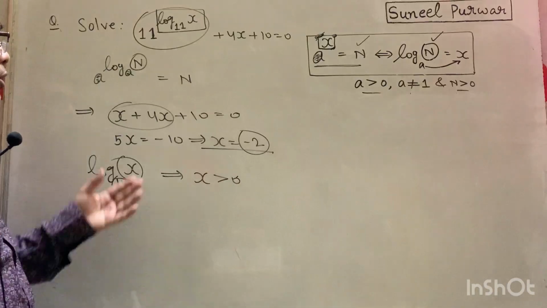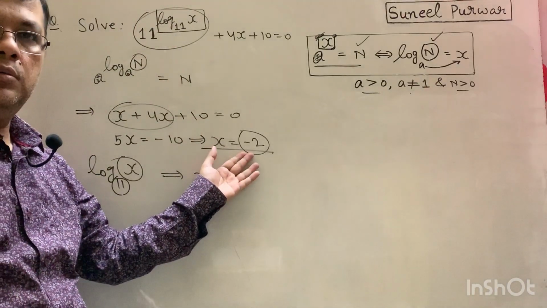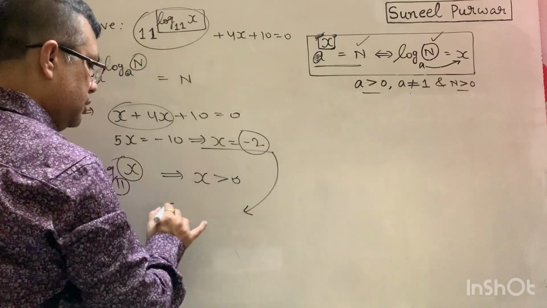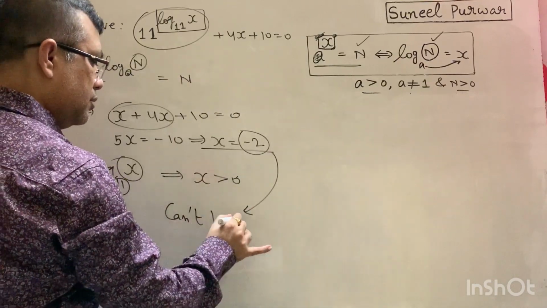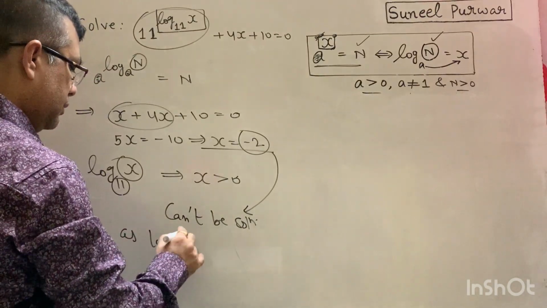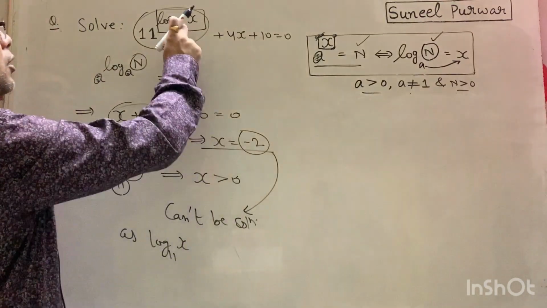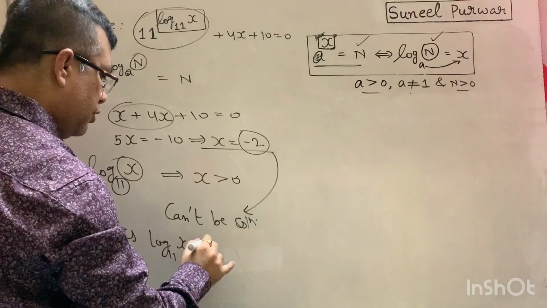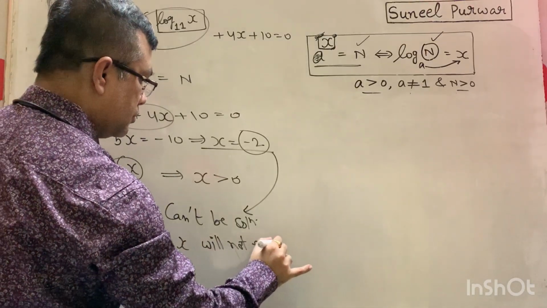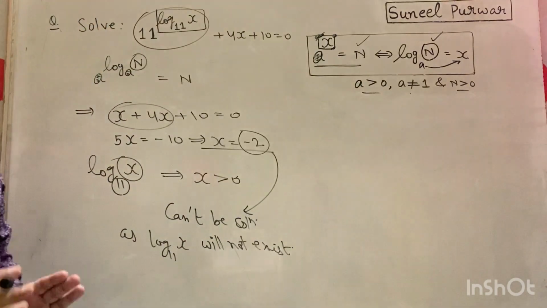So although you got x equal to minus 2, it is not a solution, as log x base 11 will not be defined. Understood?